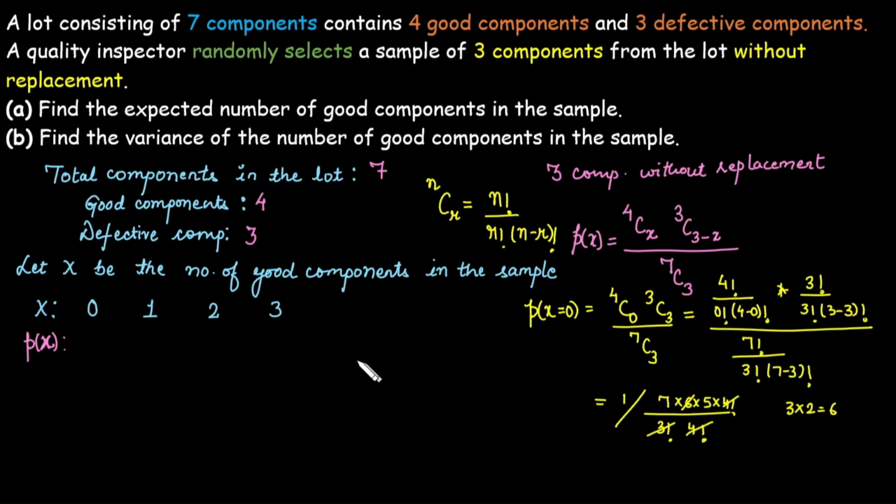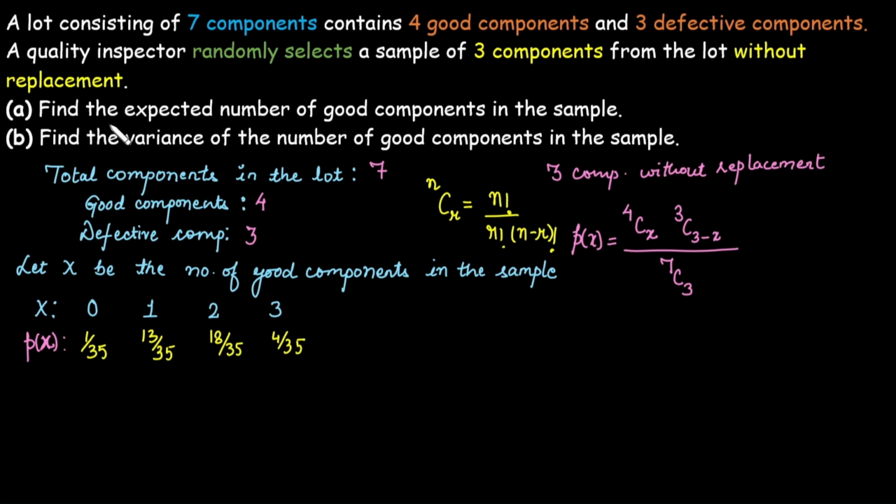And we have 1 by 35 here. Similarly, calculate the probability corresponding to the random variable values 1, 2, 3 by substituting here. In this case we have 12 by 35, then 18 by 35, and for this, 4 by 35.